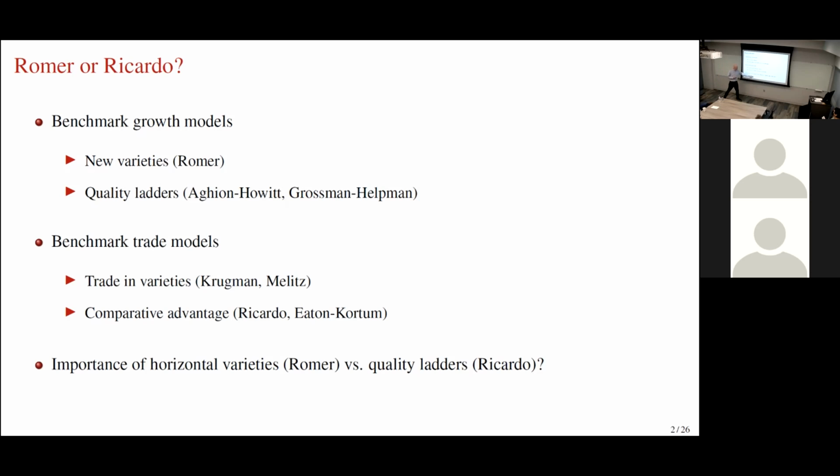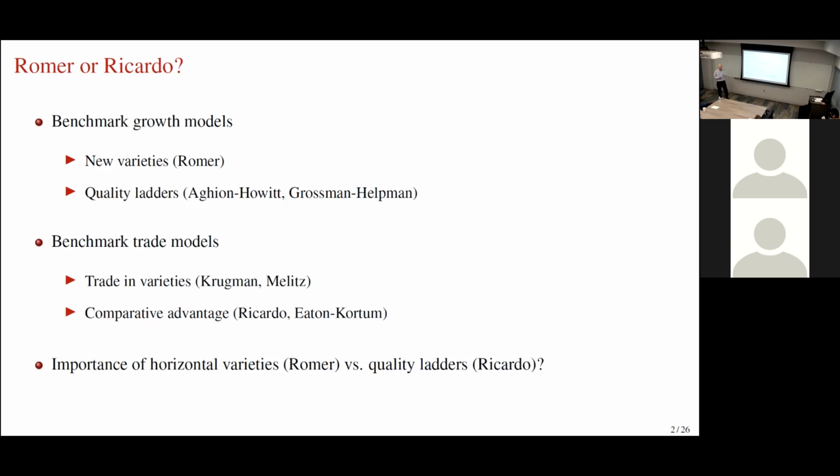Maybe some countries are really good at creating new varieties, and other ones are really good at climbing on top of existing ladders and taking them over. And so maybe we could have rich countries that do one or the other, and see which ones they are. That's our goal in this paper.